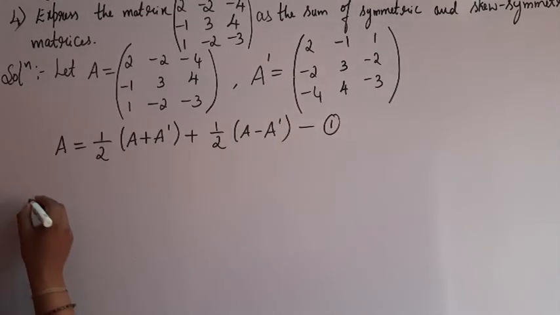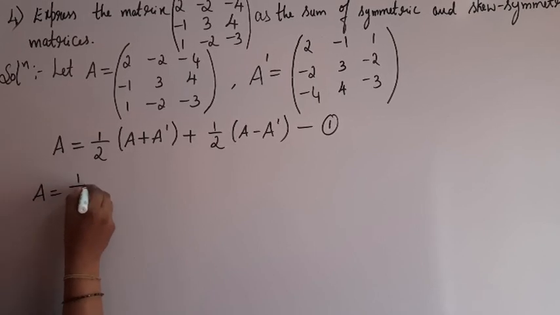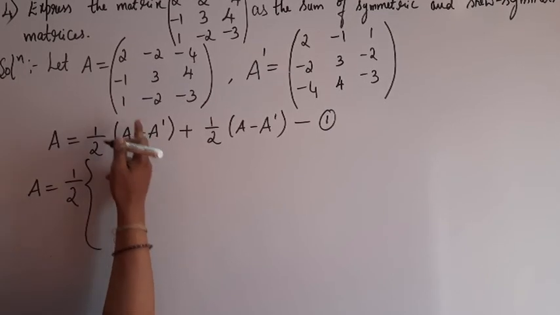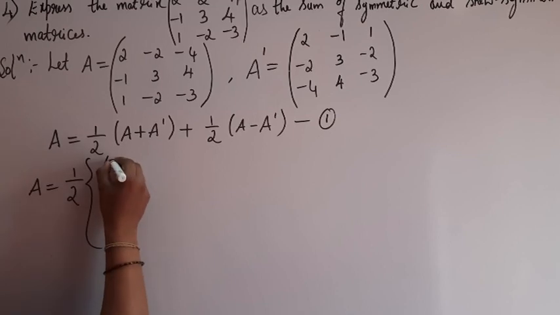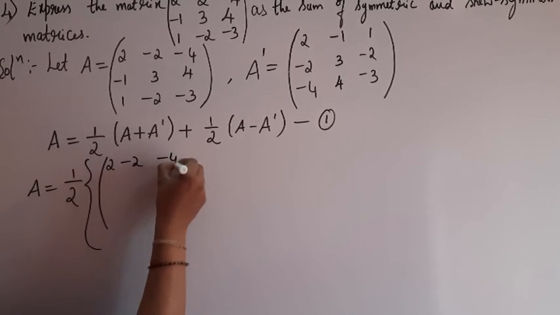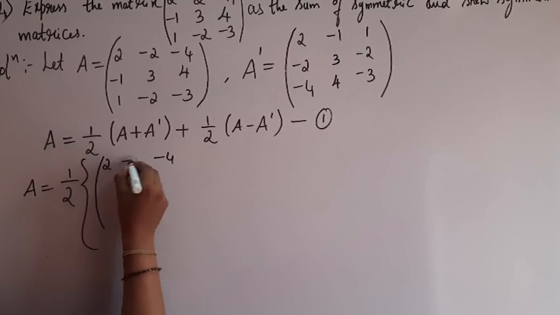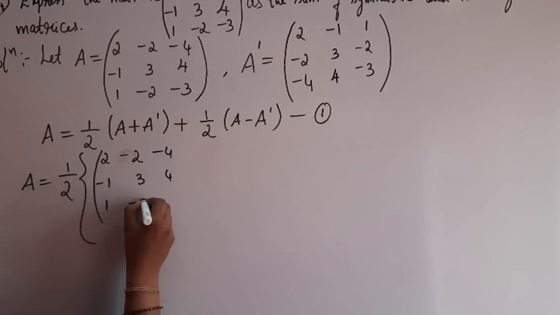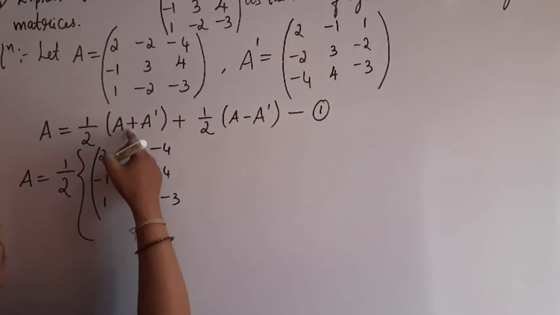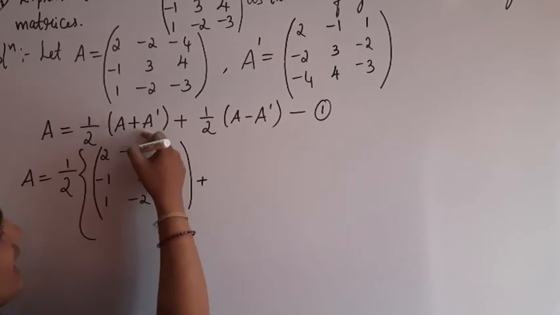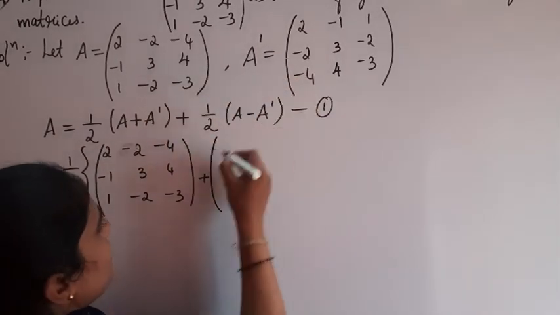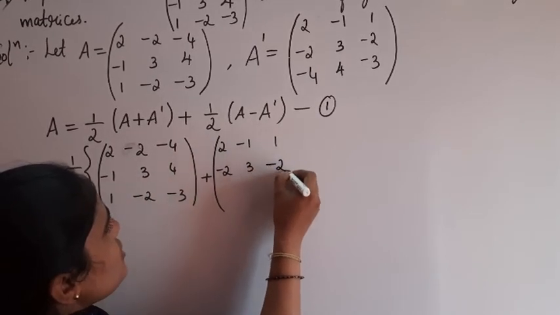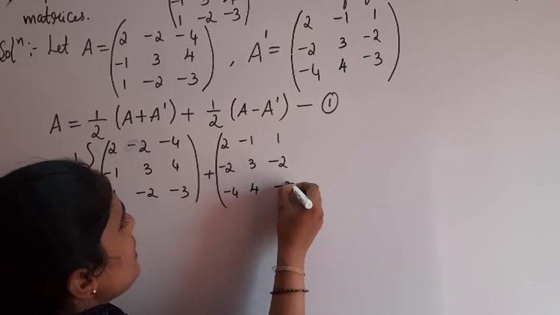Okay. So let us substitute here. Matrix A equals half into, the first term is A plus A transpose. Here we have matrix A. So matrix A is 2 minus 2 minus 4, minus 1 3 4, 1 minus 2 minus 3. This is A plus A transpose. So A transpose is 2 minus 1 1, minus 2 3 minus 2, minus 4 4 minus 3.